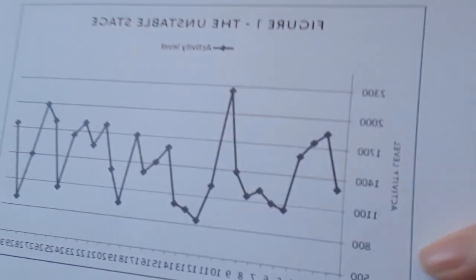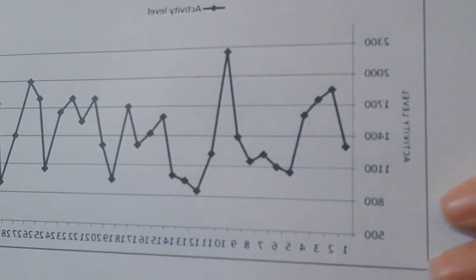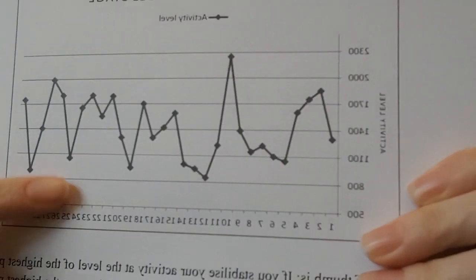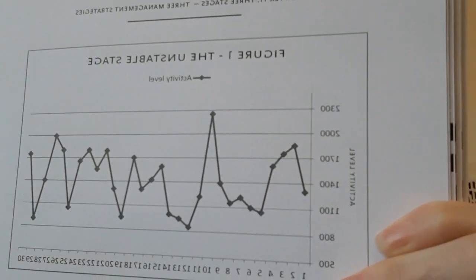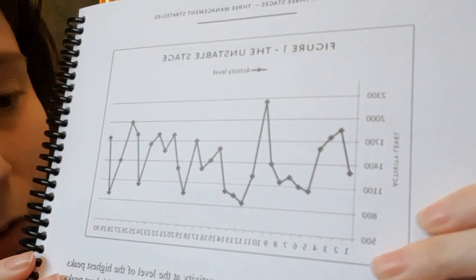This is a graph of the activity level of a person in the unstable stage. As you can see, there's a big difference between the top and the bottom. As I said in my previous video, there are many reasons for ups and downs in ME, but at this stage, activity level is usually an important mediator.